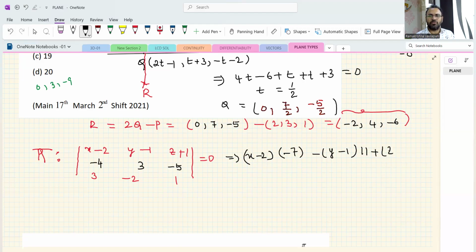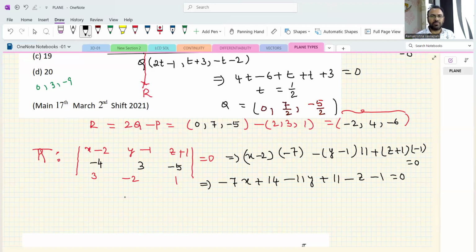Plus z plus 1 into, it is 8 minus 9, that is minus 1, equal to 0. So this implies you will get minus 7x plus 14 minus 11y plus 11 and minus z minus 1 equal to 0.